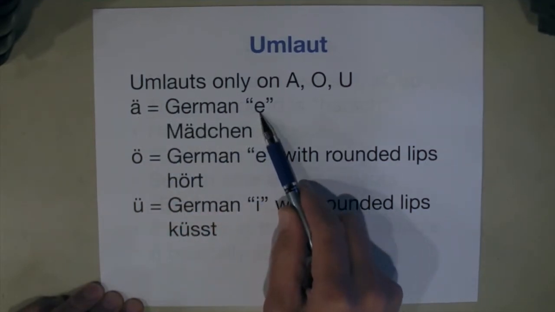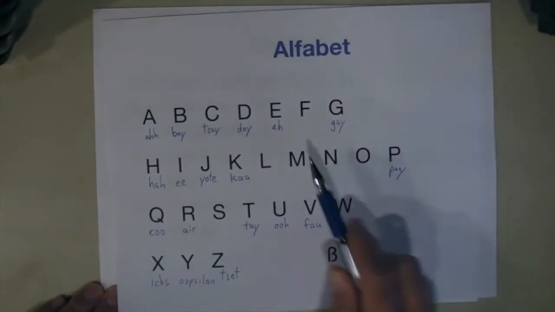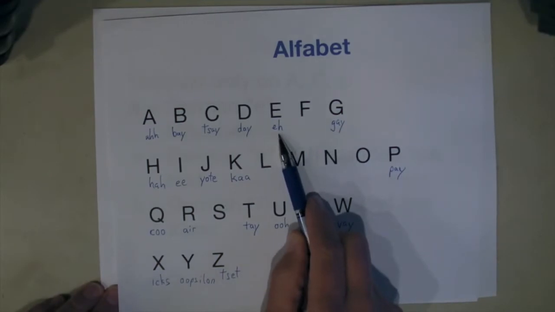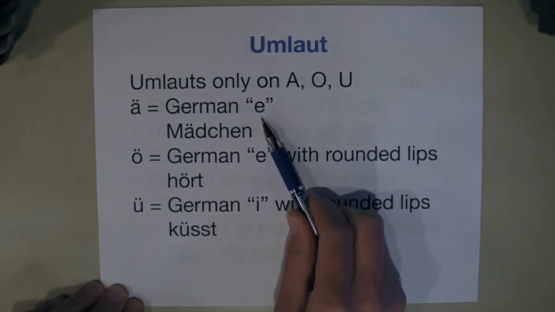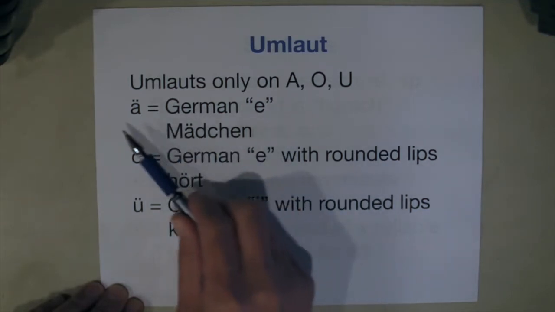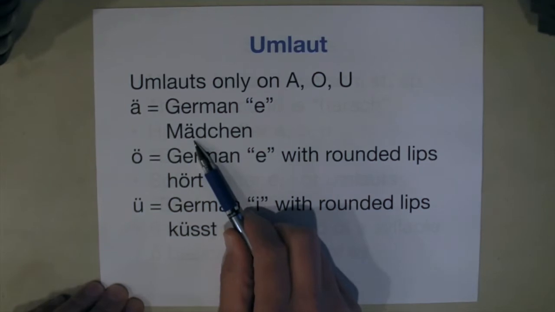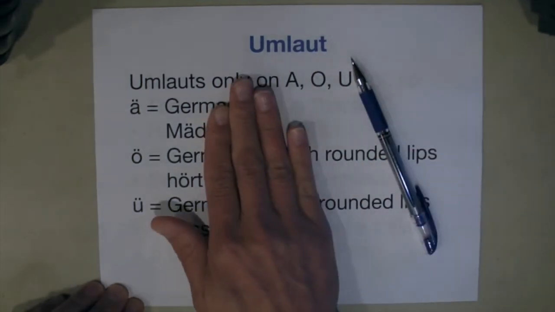The German A with an umlaut basically sounds like the German E, just like a normal E in German. But how do you pronounce that from our alphabet? As you remember, it's A. Real Germans will argue that it's different, and they're right, it is slightly different, but it's close enough to be okay to say A. This word is kind of hard to pronounce when you're not used to it, but start with this part, made.